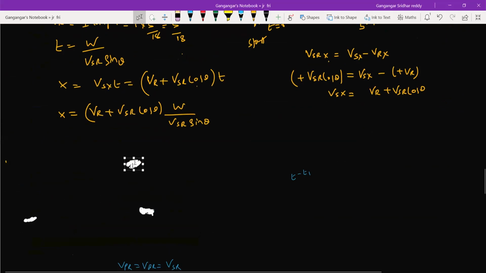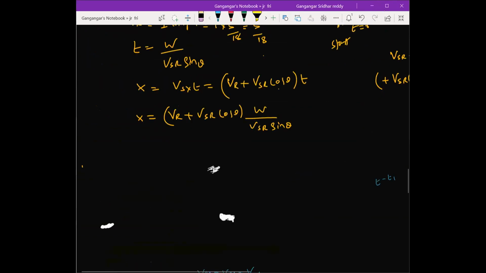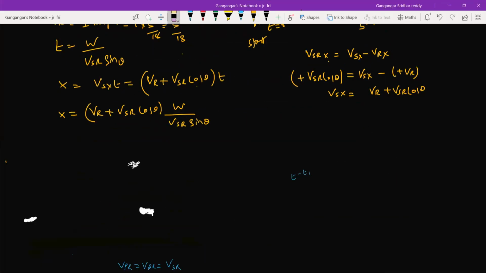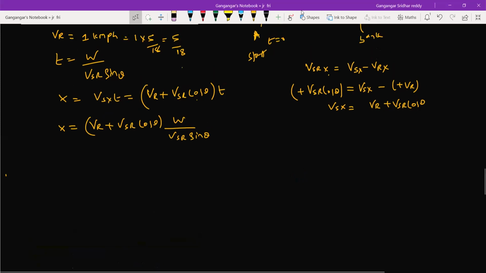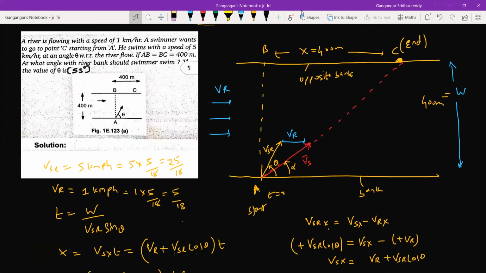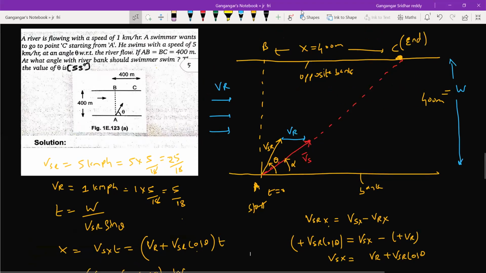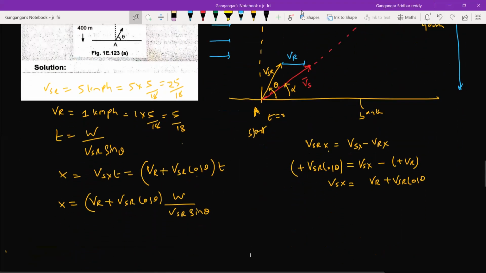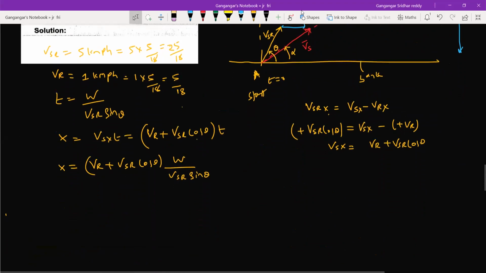Okay, carry on with this. I'll just slide up. We'll go for the calculation. Let me substitute all the values here. What is x? 400.